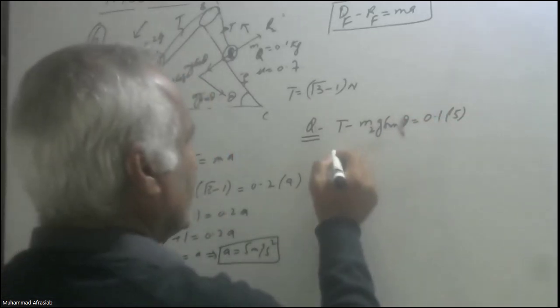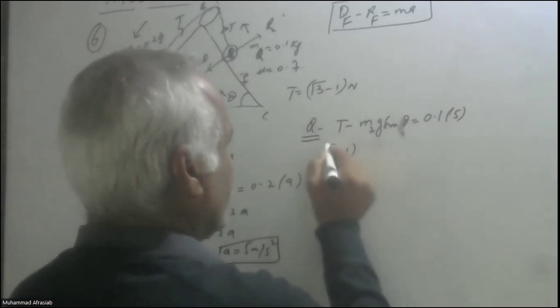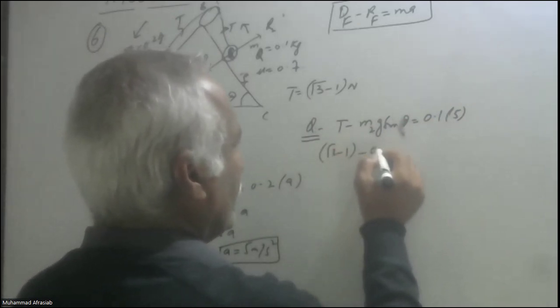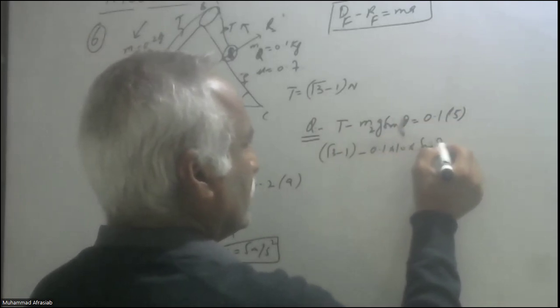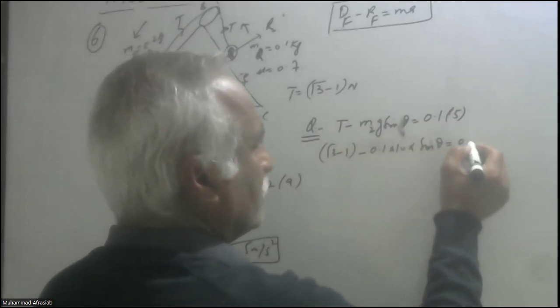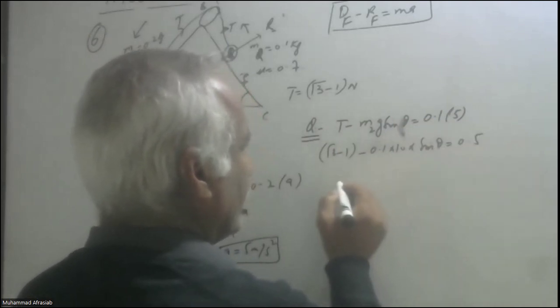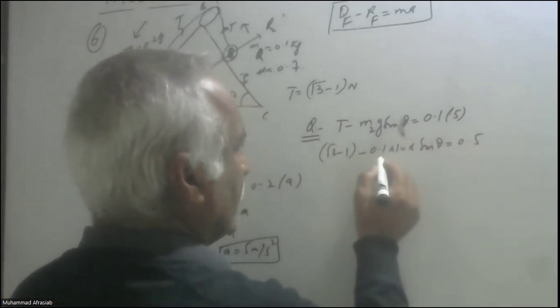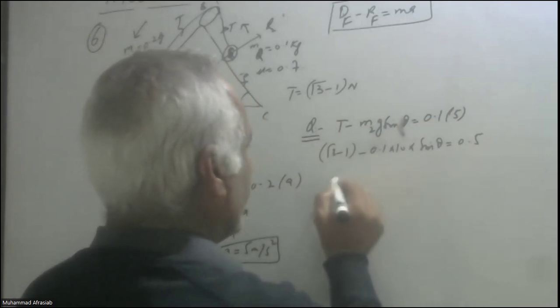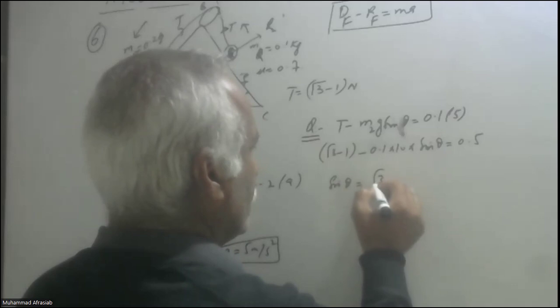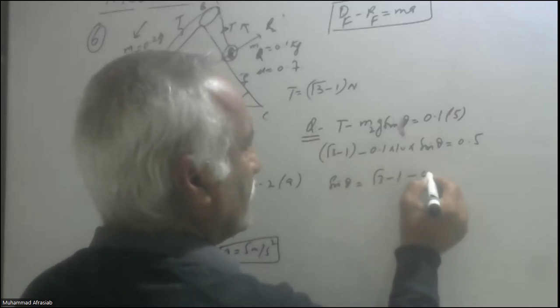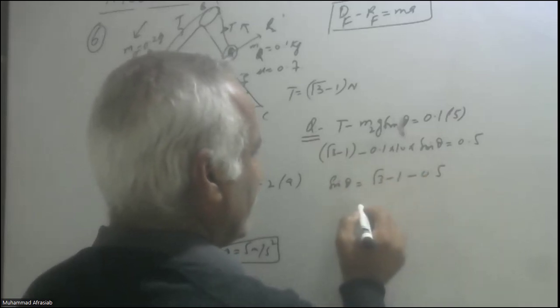So tension is root 3 minus 1 minus m2 is 0.1 into g into sine theta is equal to 0.5. This is 1 sine theta, that means sine theta is equal to root 3 minus 1 minus 0.5.